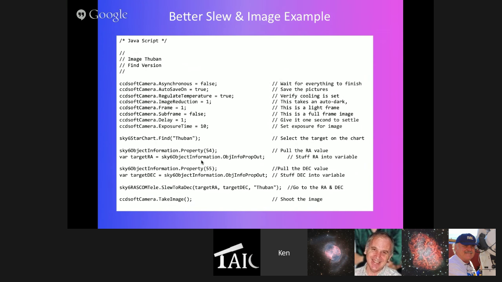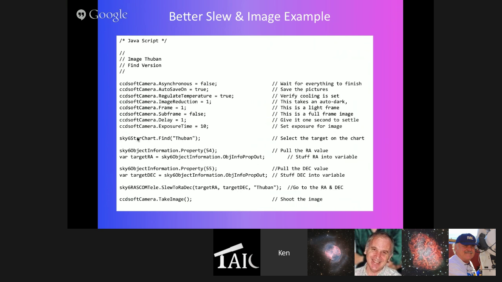This is a little bit more sophisticated version. The variables are all the same, but if you notice here, I'm telling it to find Thuban on the sky chart. Notice it says SkyX. This is another old school reference as well. The next thing I'm doing below that find is, remember, SkyX has huge databases of information about all these objects.